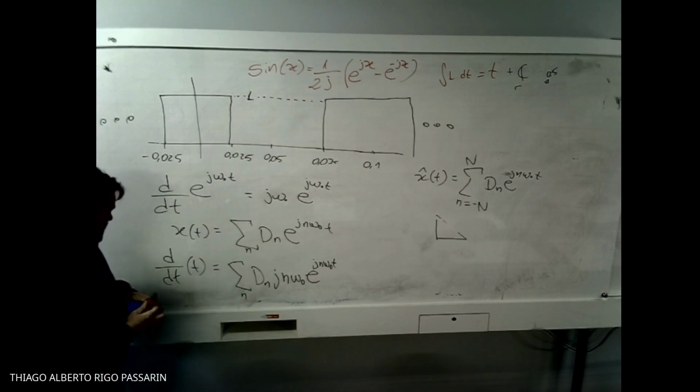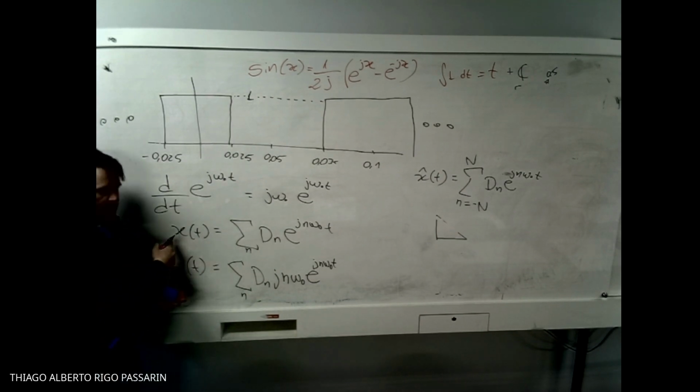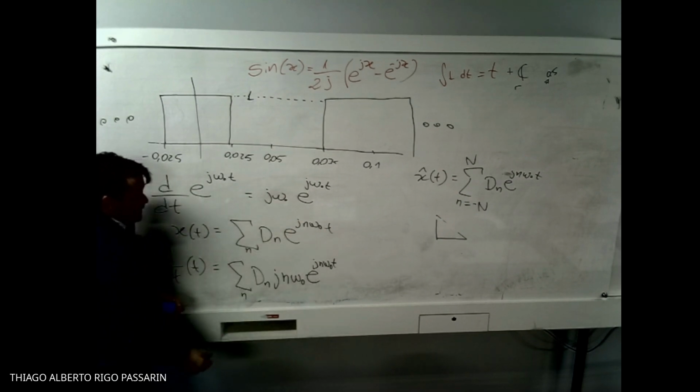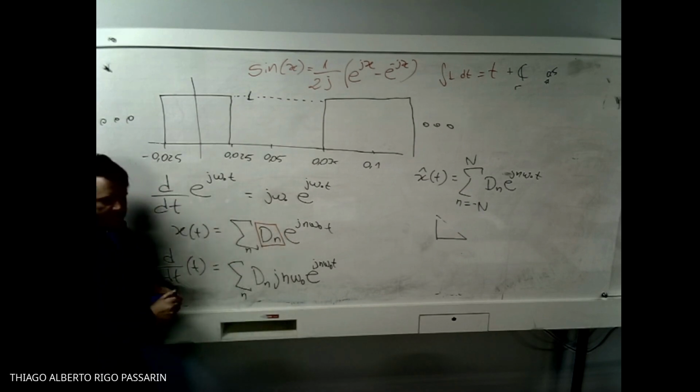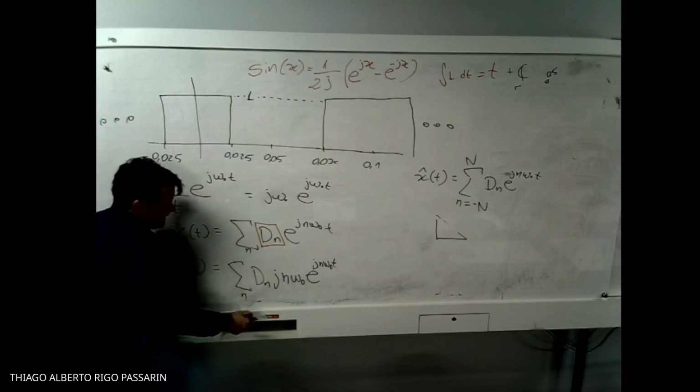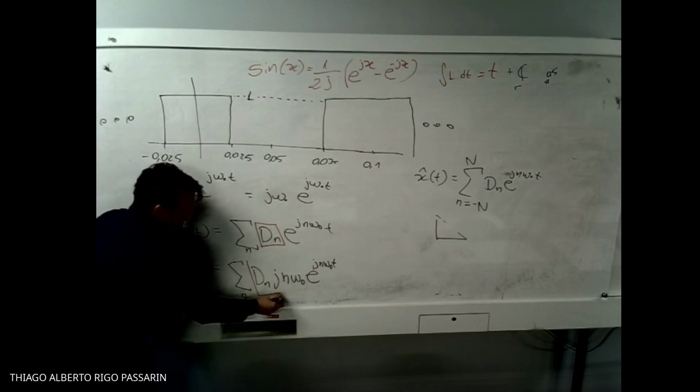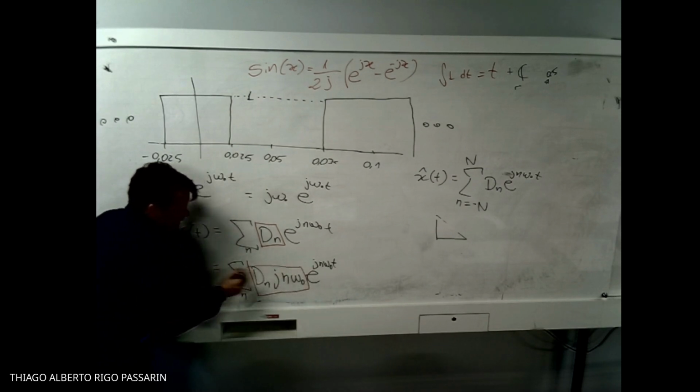So if this signal is periodic with a fundamental frequency omega 0, and it has these Fourier series coefficients, then its time domain derivative is also periodic with a fundamental frequency omega 0, and its Fourier series coefficients are these.